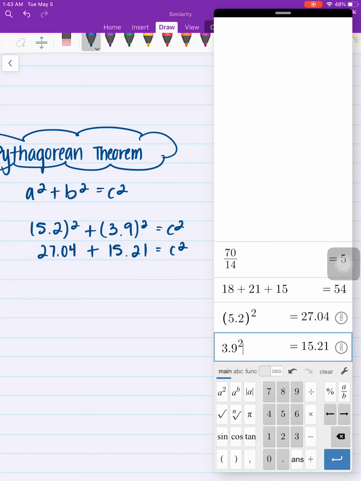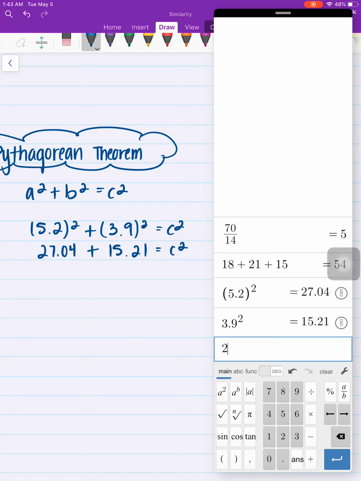Now I'm going to add those two: 27.04 plus 15.21 gives us 42.25, and all of that is equal to c squared.